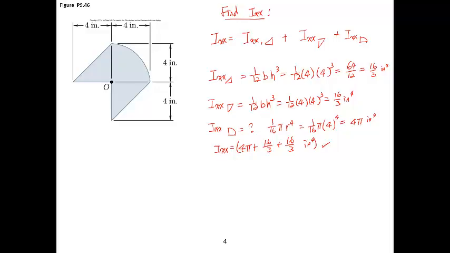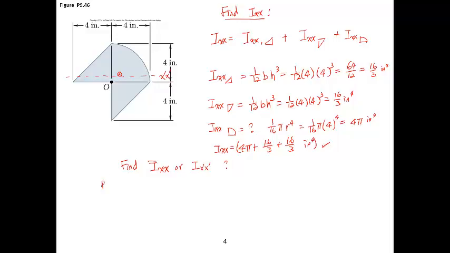Okay, easy enough, right? Now let's say I'm interested in finding the moment of inertia about a different axis. Here's the moment of inertia of this entire piece, or we can call it x prime. How would you do that?